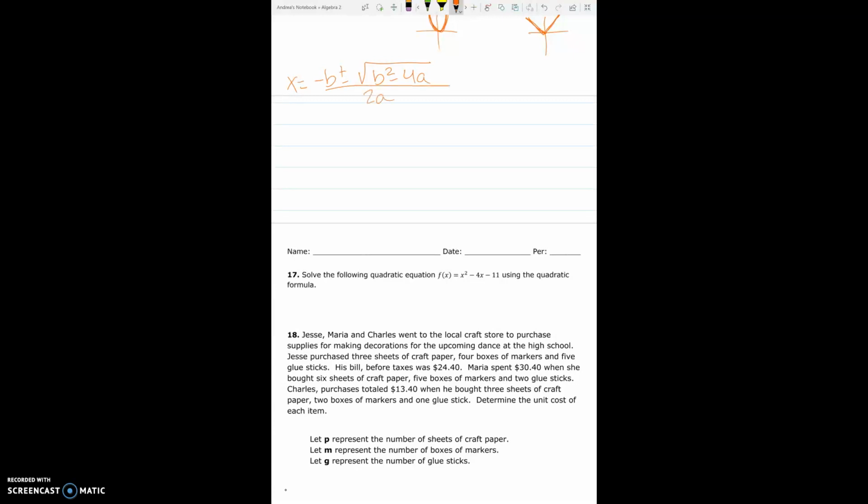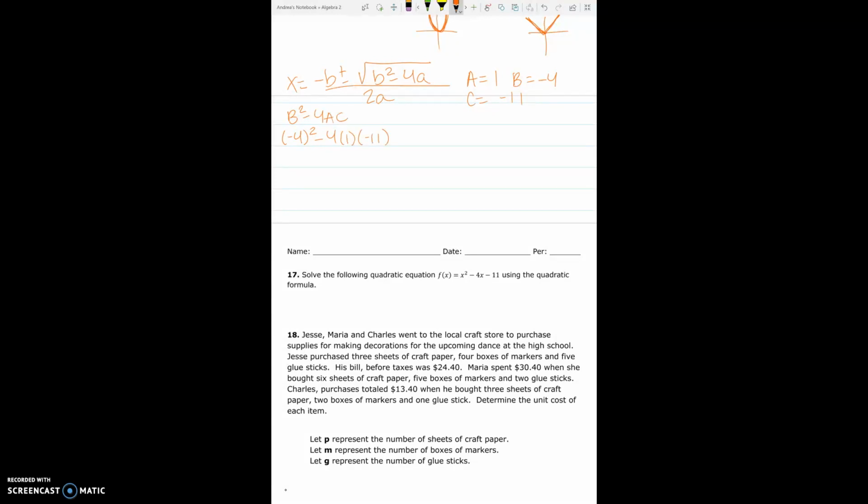Using that formula, I like to find the discriminant first, which is b squared minus 4ac. Let's notice that a is 1, b is negative 4, and c is negative 11. So let's plug that in. Negative 4 squared minus 4 times 1 times negative 11.